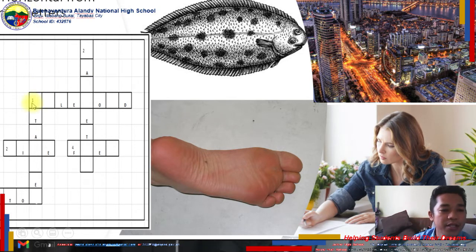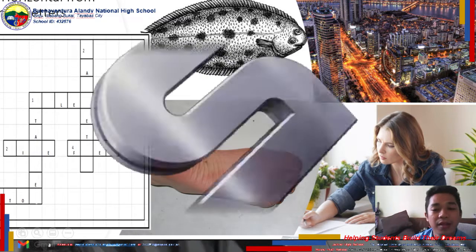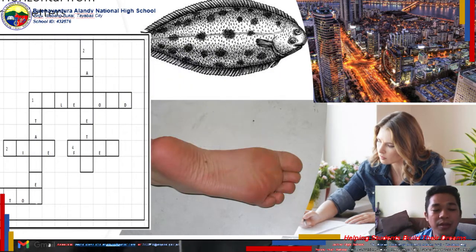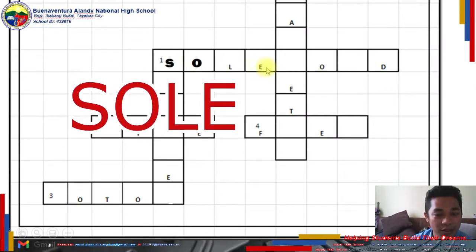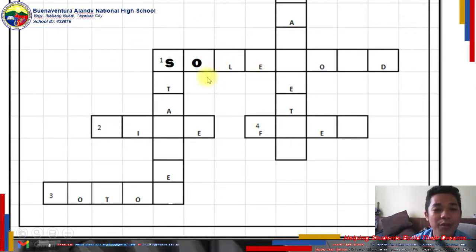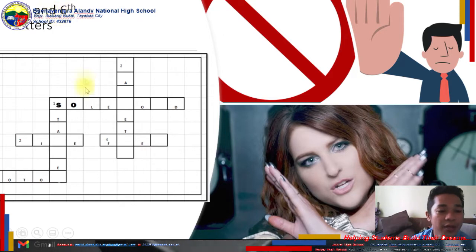So, it covers this portion. At the count of 5, 4, 3, 2, and the answer is, that's right, you are correct, it's soul. For question number 2, it covers the next 5th and 6th letters of horizontal number 1.